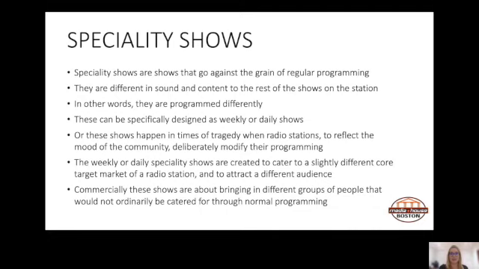The weekly or the daily speciality show could be created to cater for a slightly different core target market of a radio station and to attract a different type of audience. Commercially, these shows are about bringing in different groups of people that wouldn't ordinarily be catered for through the normal programming.